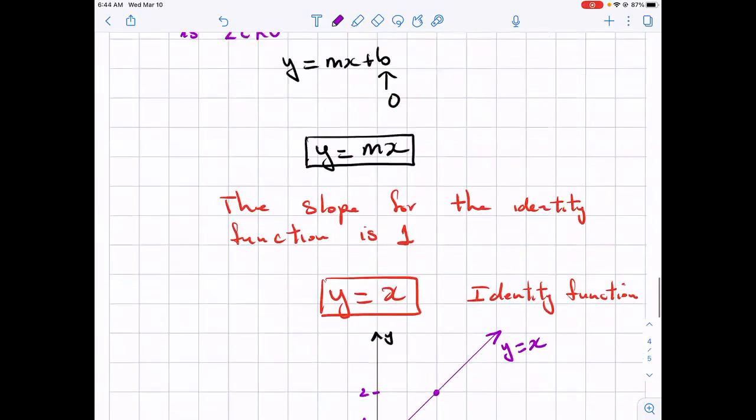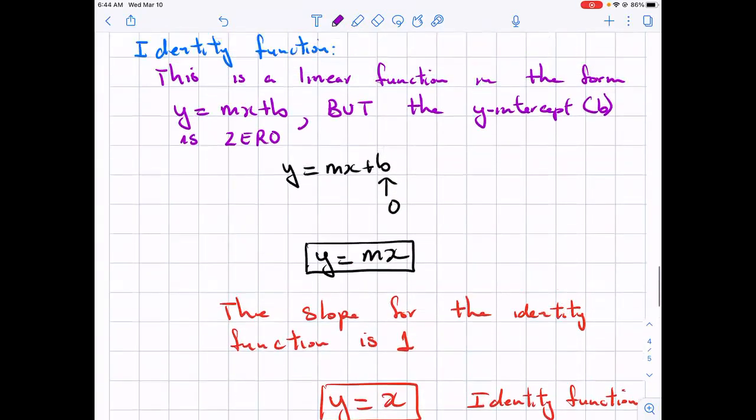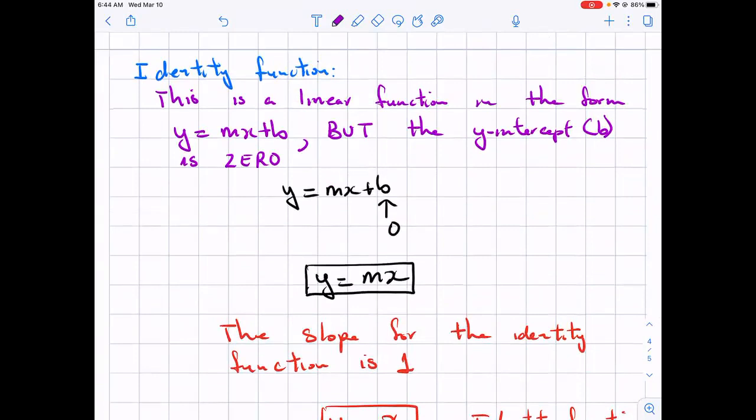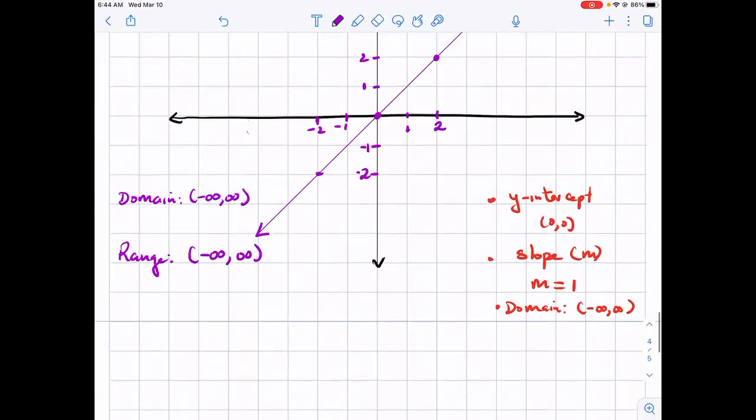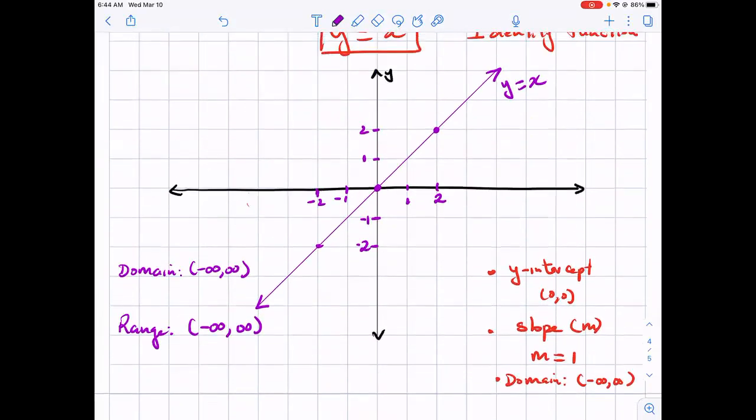Now, why is the identity function such an important function? Well, from the identity function, by what we call transformation, by moving this function, if we can push it upward or pull it downward or move it to the left or move it to the right, we are able to create an infinite amount of other functions.